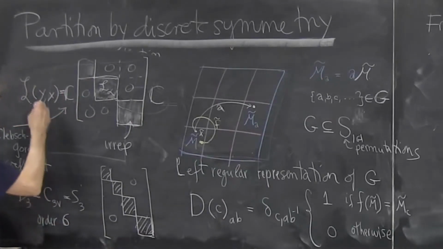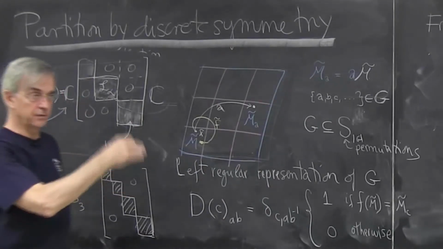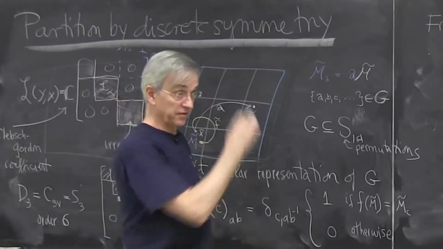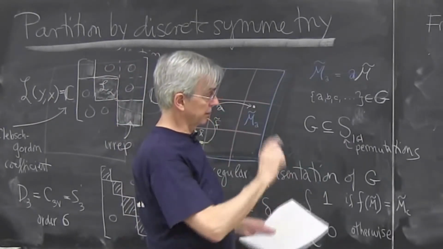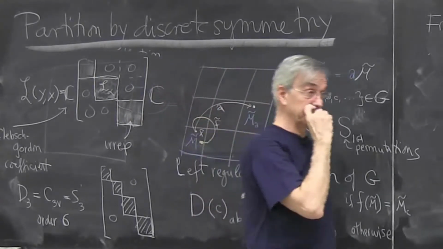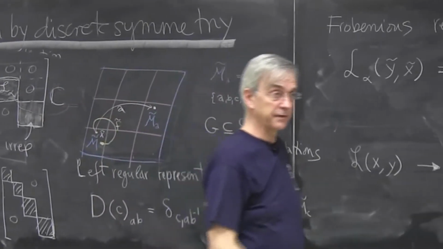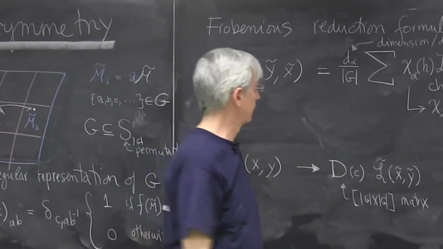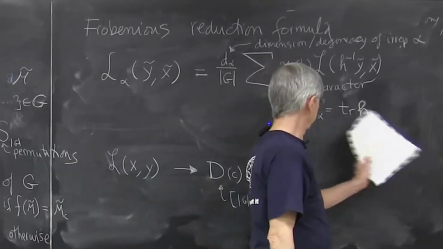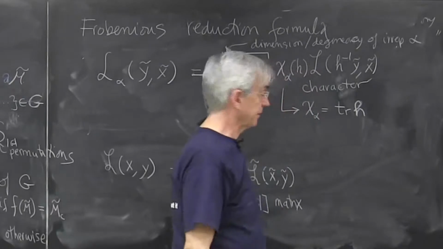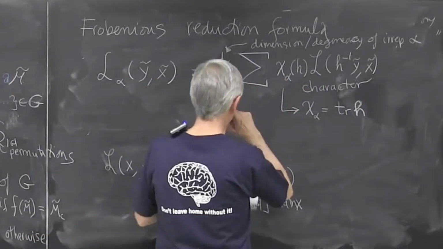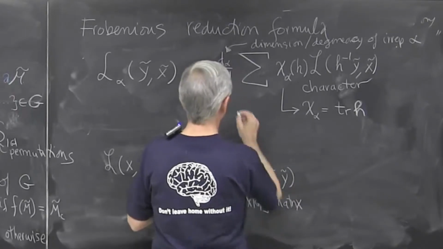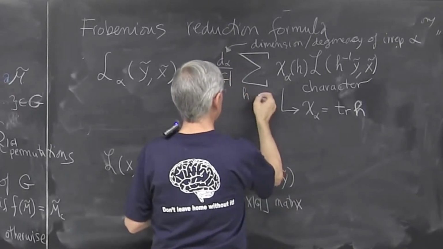For example, character of identity is dimension or order of the group, because it's 1, 1, 1 any place. But the character of that flip was 0, because it was a matrix that had nothing on the diagonal. So it looks very fancy, but for discrete groups it's not all that fancy. It's some integers. And the sum goes over all group operations.